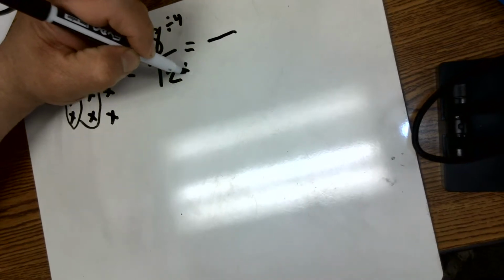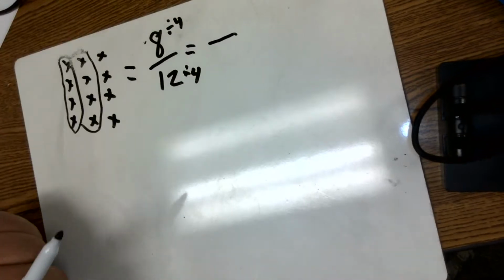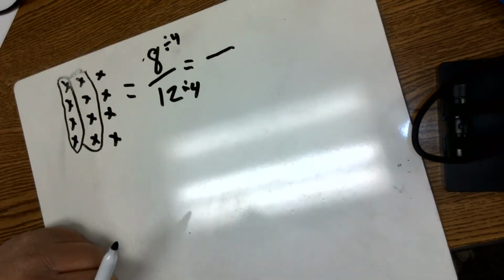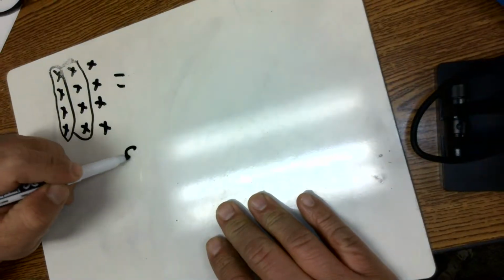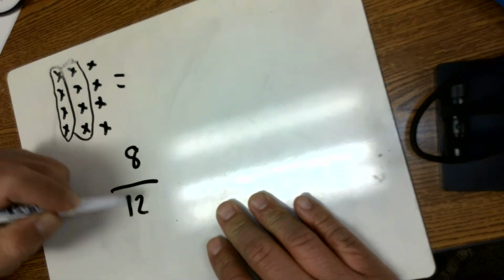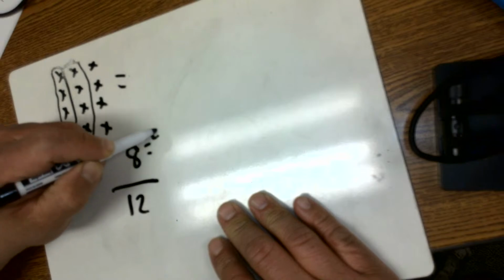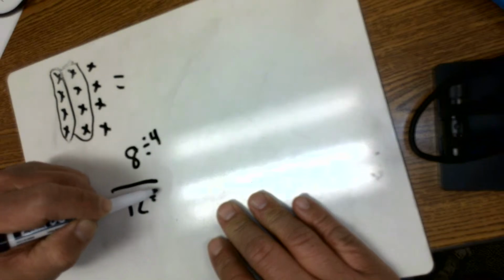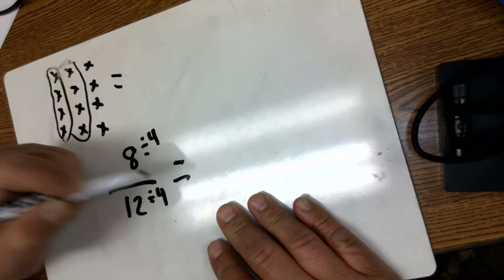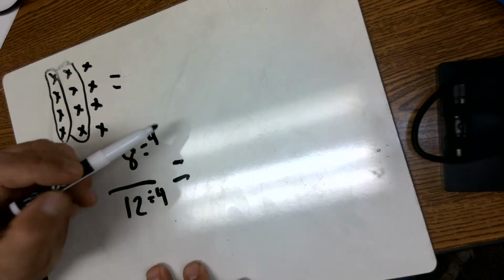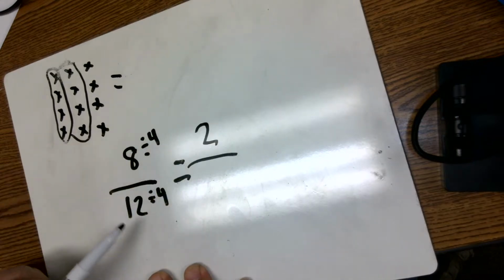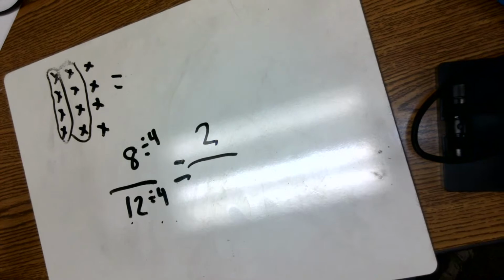Yep. 8 divided by 4 is 2. 12 divided by 4 is 3.